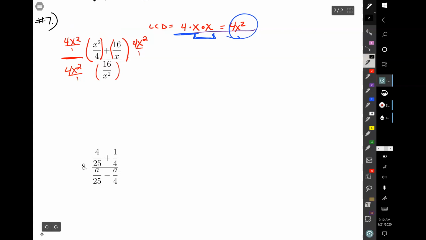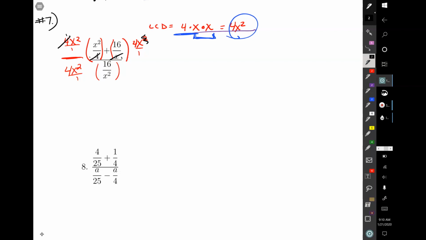I have 4x squared times the x squared over 4, so the 4's will cross out. And then I have 16 over x times 4x squared, so one of the x's crosses out. My goal is to have no denominators left in the numerator, in that top fraction.